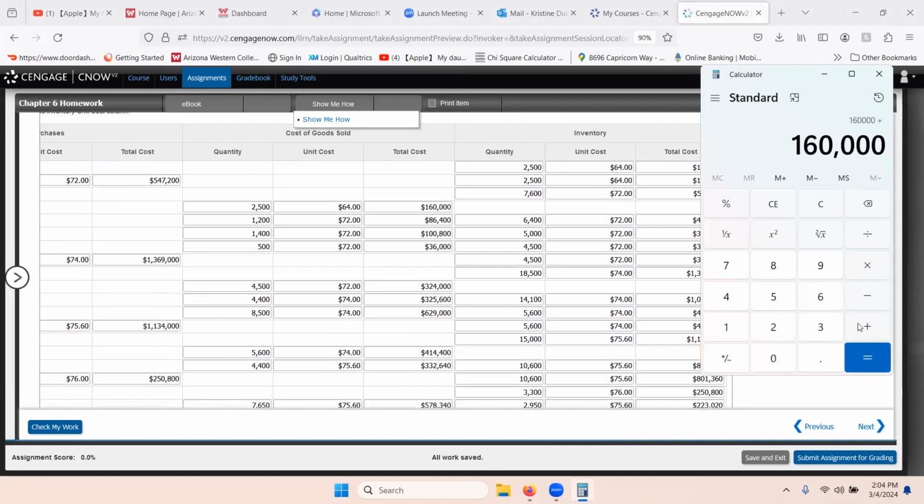160,123 plus 86,400 plus 100,800 plus 36,324, 325,600, 629,414, 332,640.